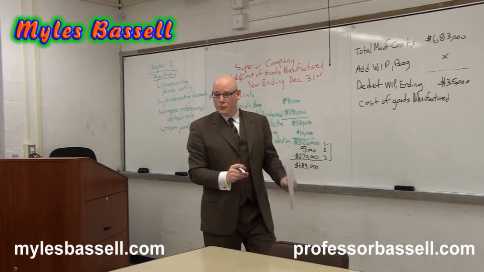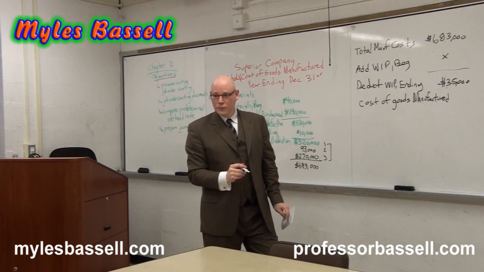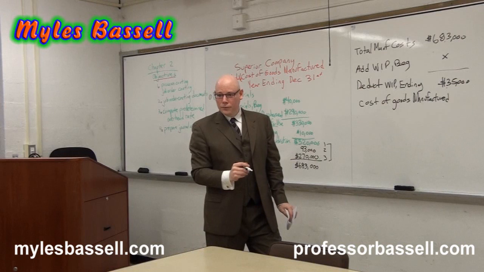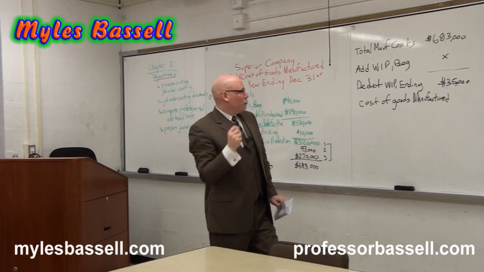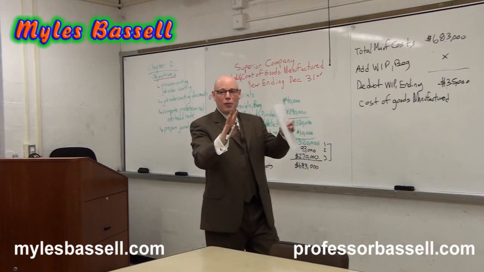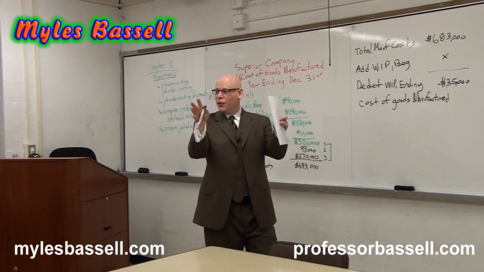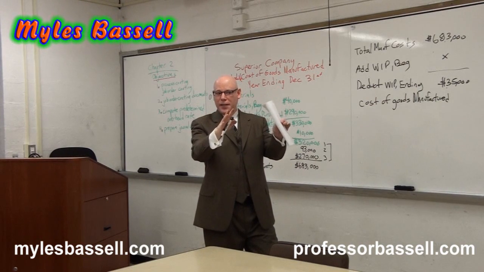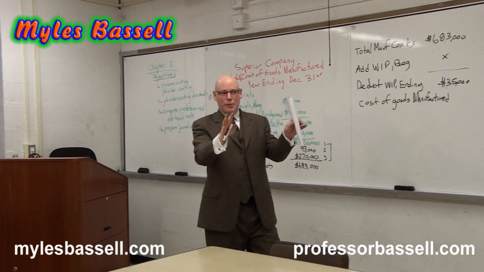So you need to include the costs that those materials include into what you're manufacturing for this period. Yes, and there's a little bit more. Who could add a little bit more to what Mackenzie is saying?